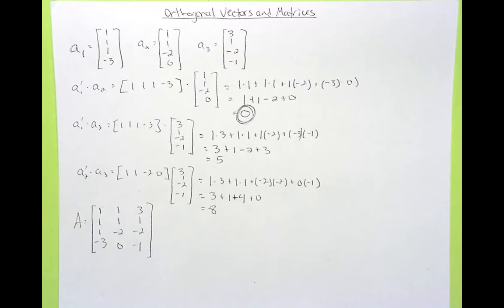So to find out whether the three column vectors of this matrix are orthogonal to one another, the matrix A is pre-multiplied by its transpose.